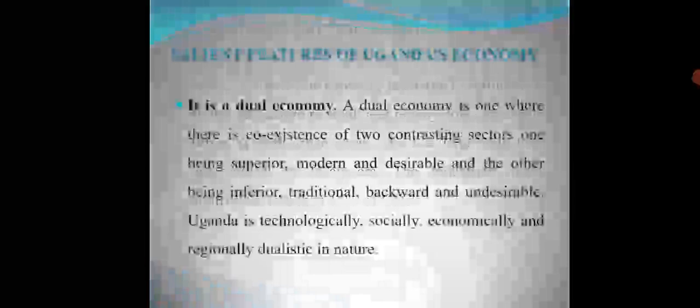So Uganda is technologically, socially, economically, and regionally dualistic in nature. So it has two in one. There is coexistence of these two contrasting sectors. So there is superiority and there is inferiority, modernity and tradition.